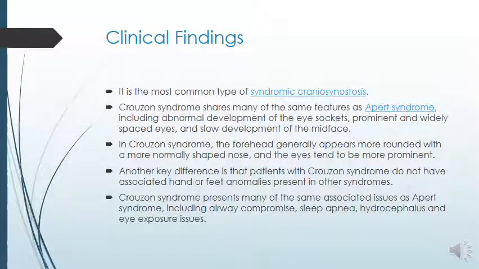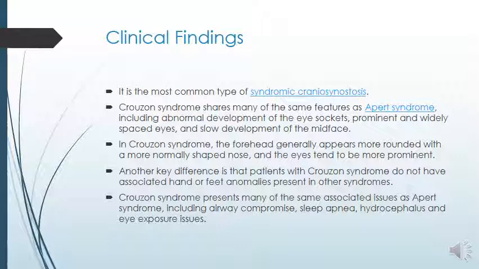Crouzon syndrome is the most common type of syndromic craniosynostosis. It shares many of the same features as another syndrome called Apert syndrome, which I will discuss in a moment. This includes the abnormal development of the eye sockets, the prominent and widely spaced eyes, and the slow development of the midface.